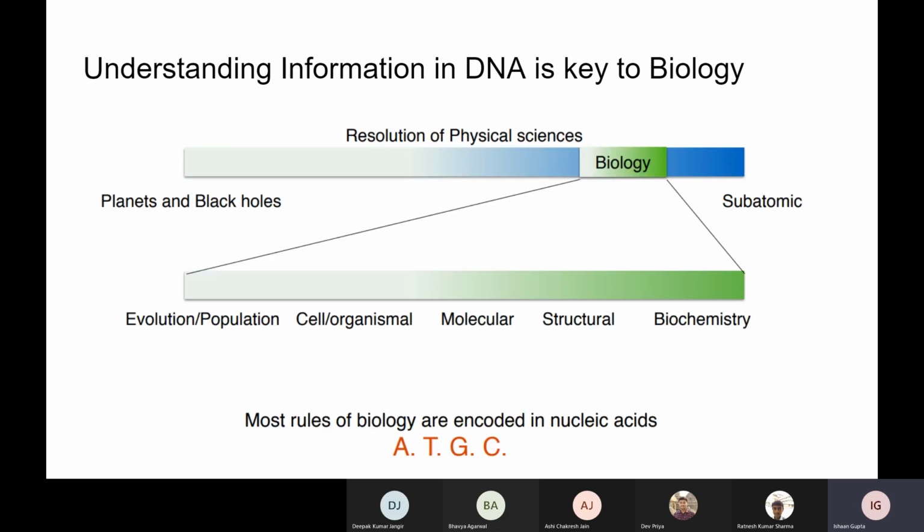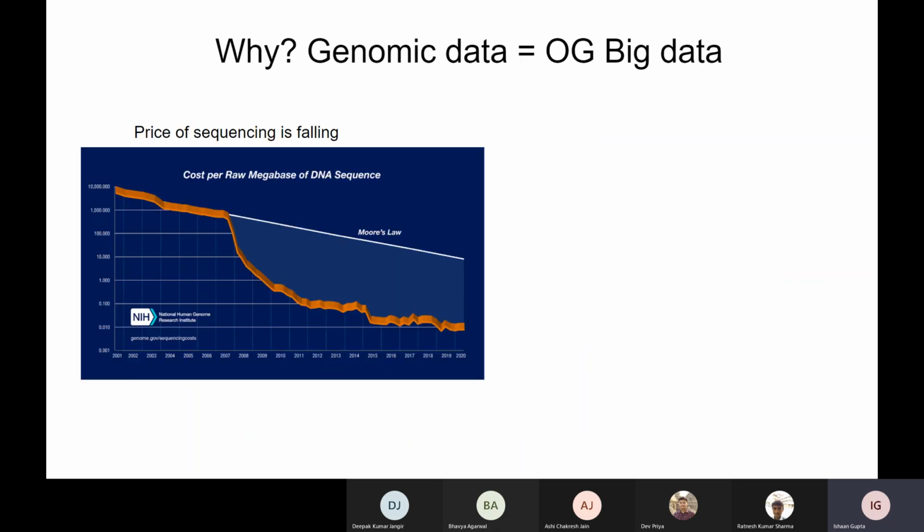So we know that a lot of information in biology is stored in the form of ATGCs, and this information is increasing by the day. We've already crossed the area where, if you compare the number of transistors or the speed of computers from 2015 up to now, it hasn't changed that much, but the cost of DNA sequencing has reduced dramatically.